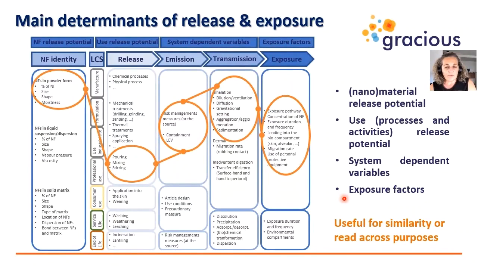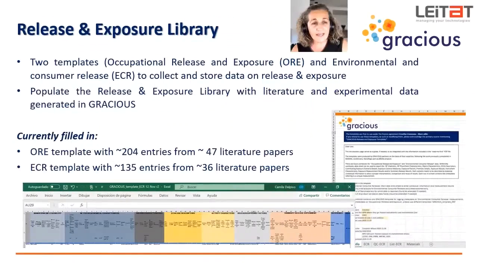Then this information, of course, is useful for read across and grouping, and all this data that is generated is, of course, compiled in release and exposure libraries. We generate templates for the whole community, so these templates are available.